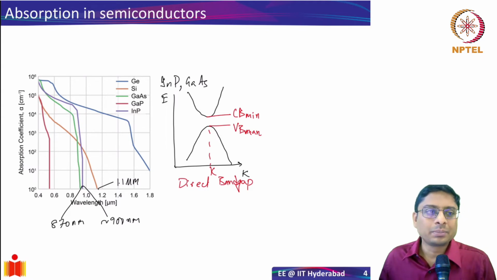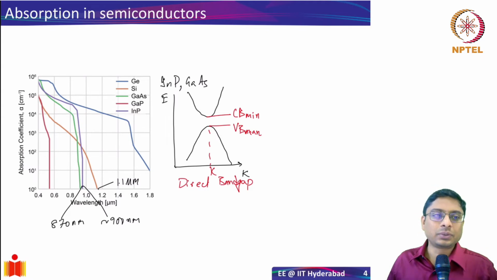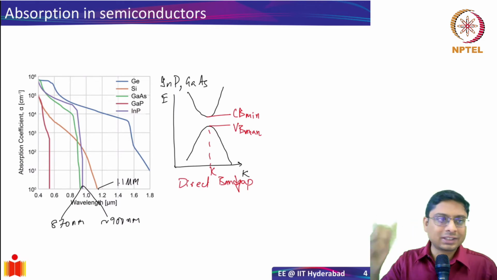So practically it means it's very easy for a photon to be absorbed, provided the energy is higher than the band gap.